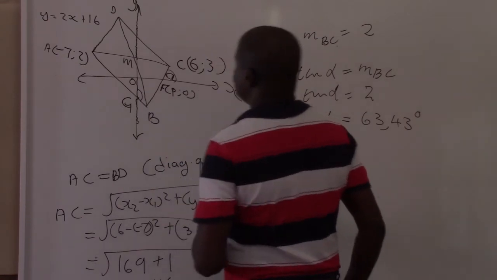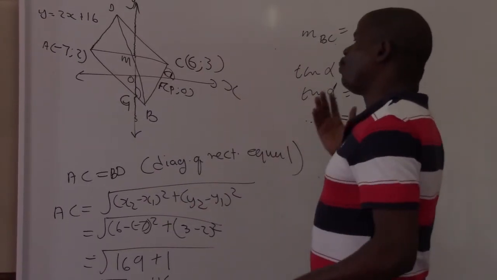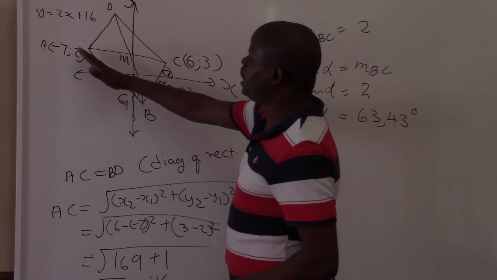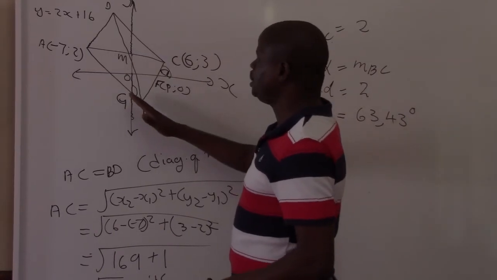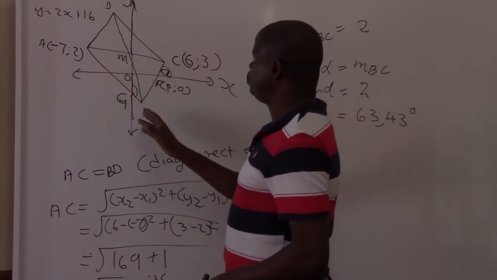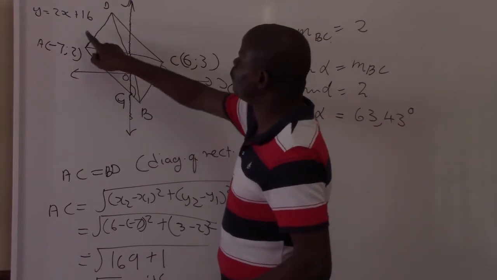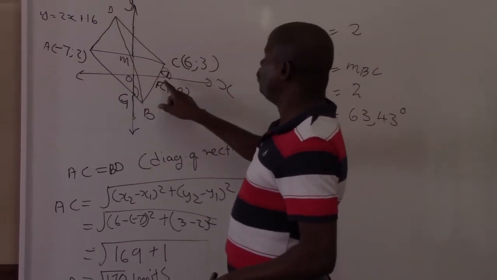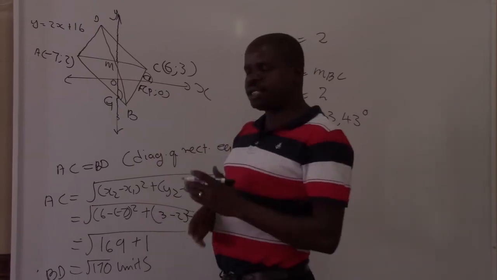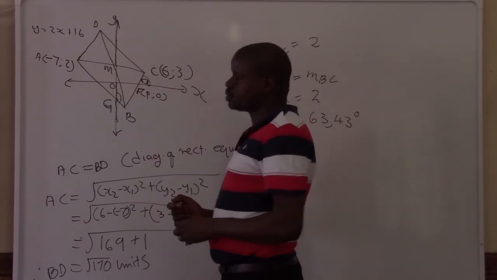If they want us to calculate the size of this angle, again, we don't know much about this line, but this line, because of what we have done, we know a lot about it. What else do we know when we use the properties of a rectangle?